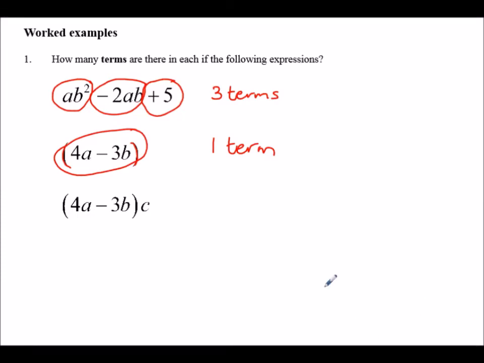You need to always ask yourself, what does that mean? So bracket C actually means that whole bracket is multiplied by C. Once again, my subtraction sign is in the bracket, so this is one term, but it is multiplied to C, so this whole expression is one term.